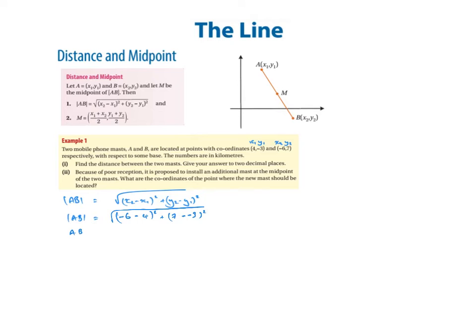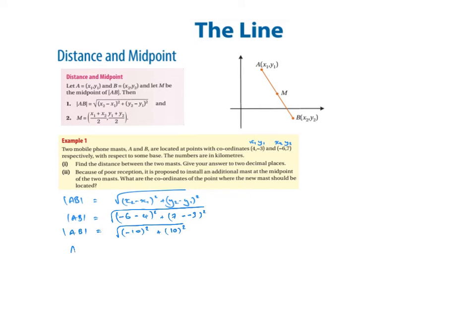So the distance AB is equal to -6 minus 4, which is -10, all squared, plus 7 minus -3. Well, that double negative makes a plus, so we've got plus 10 all squared, and don't forget the square root there.